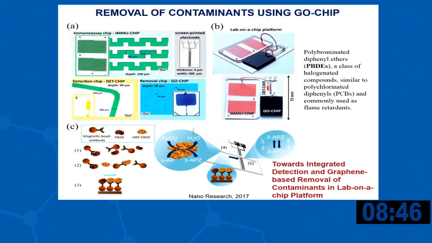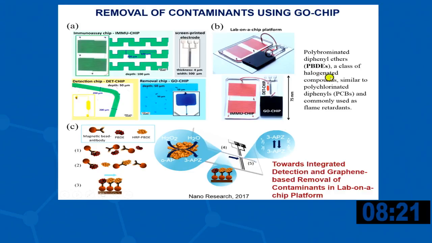And finally, in 1 minute, probably 2 minutes, we are also trying to use graphene in some other interesting applications. For example, removal of contaminants by using graphene oxide-based chips. After building some chips and doing some immunodetection inside, we use an extra part of the chip with graphene oxide to remove the contaminant.